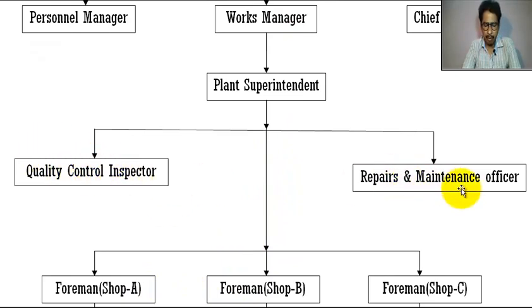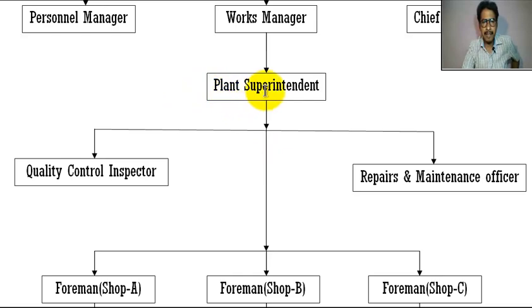They perform specialist functions. Quality control inspector and repair and maintenance officer, they are in horizontal position. They have no authority. All decisions, authority and responsibility rest with the line executive.